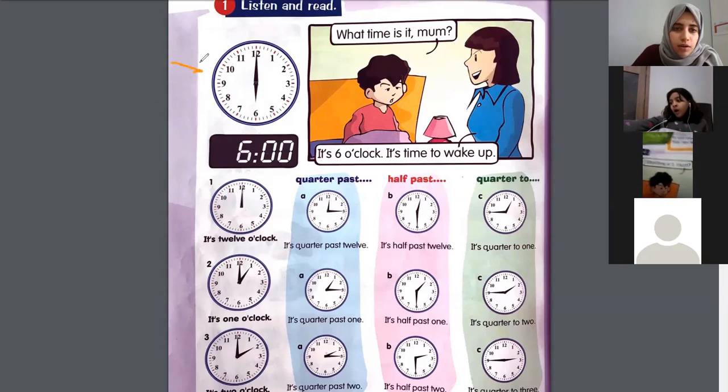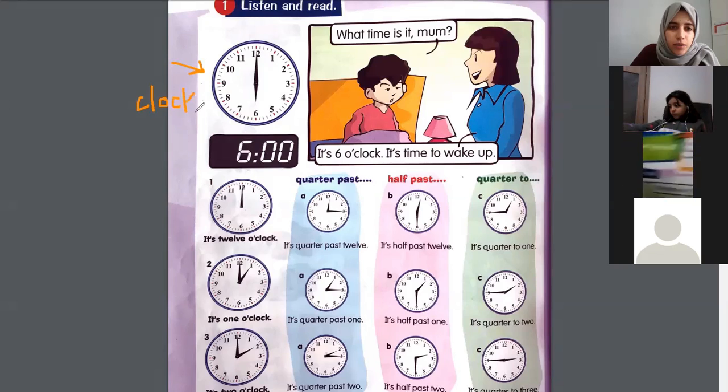So this is called a clock, or sa'a. It's a clock, okay? And this is how we spell clock. So this is the shorthand. The shorthand tells us what hour it is.